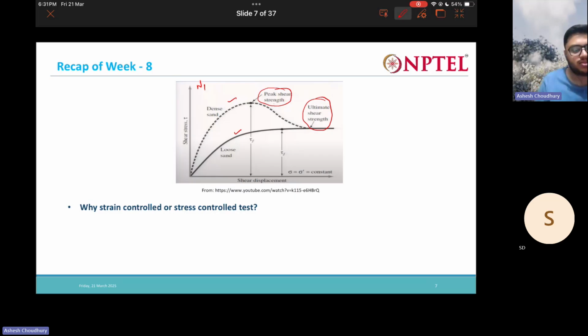Then you will plot, and from there you can get the C and phi values.